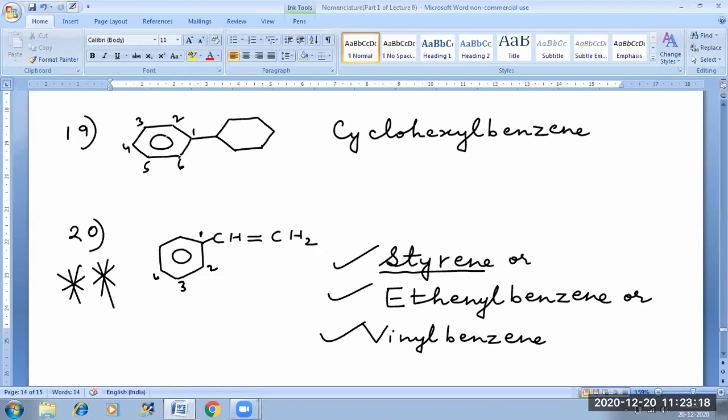So this is the numbering. Benzene is the parent structure here, because there is no functional group attached to the side chain. The side chain just has a double bond. It does not have any other functional group or anything which has priority.